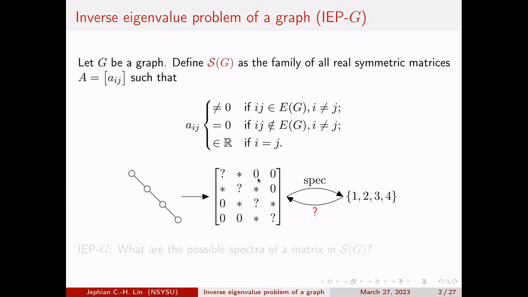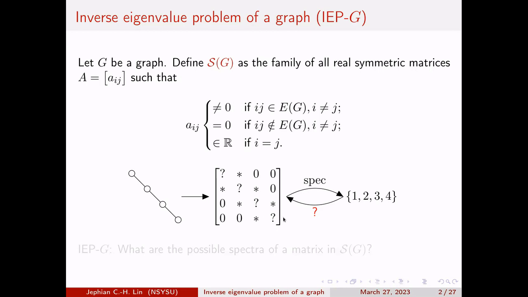And in contrast, if 1 and 3, say, are not adjacent, then the entry has to be 0. So overall, in this example, the entries 1,2, 2,3, and 3,4 are non-zero. And the last condition is that for diagonal entries, it's okay to be 0 or non-zero.